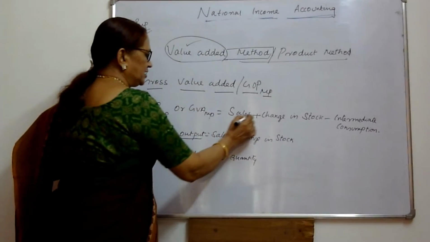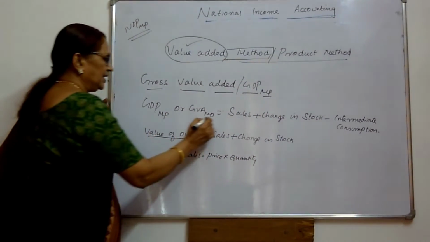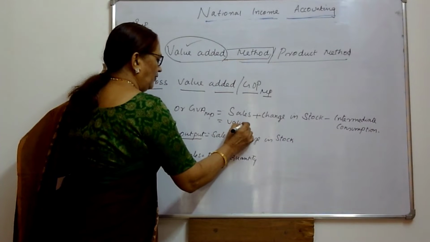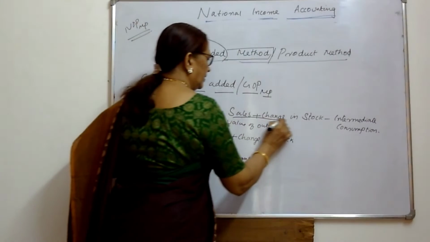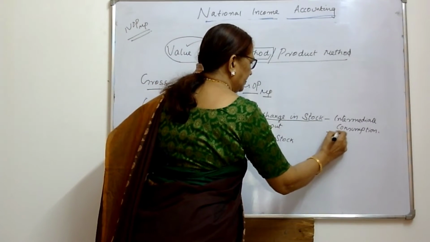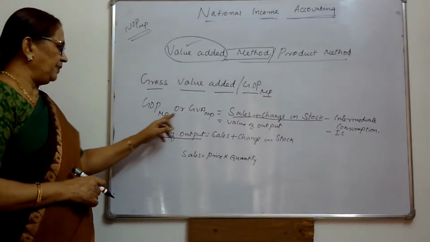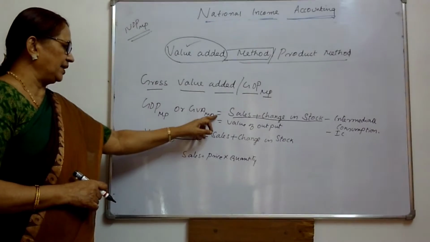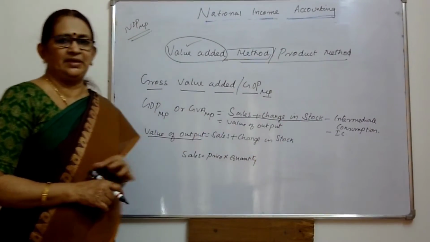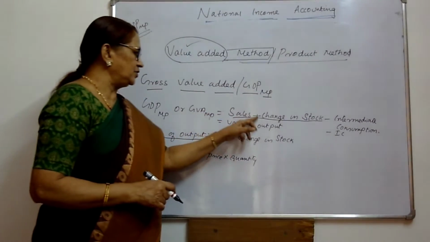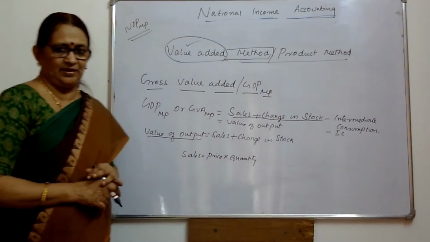So GDP at market price is equal to value of output minus intermediate consumption.